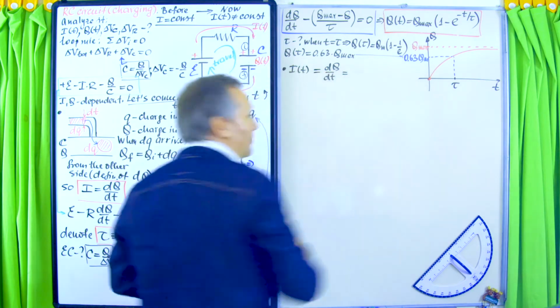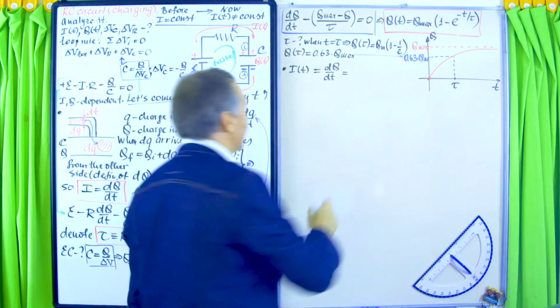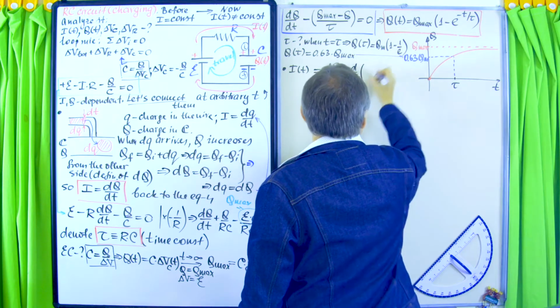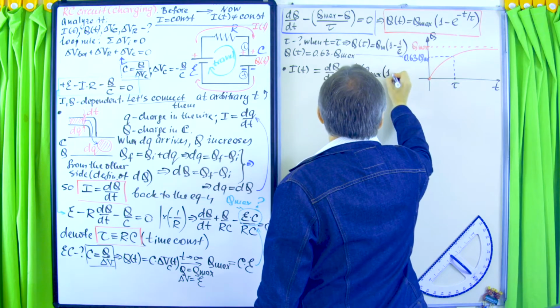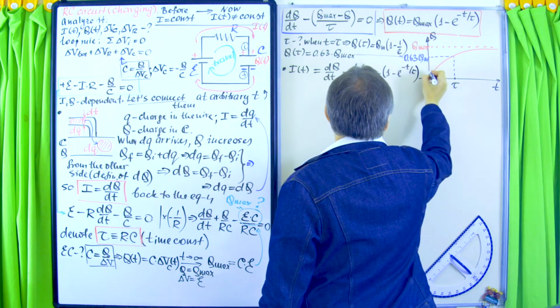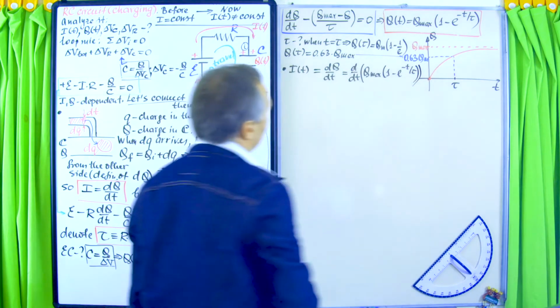My brain started jumping ahead of me into the next situation. So you just need to differentiate the function which we just derived: Q max times 1 minus e to the power of minus t over tau. I need to put an additional bracket.